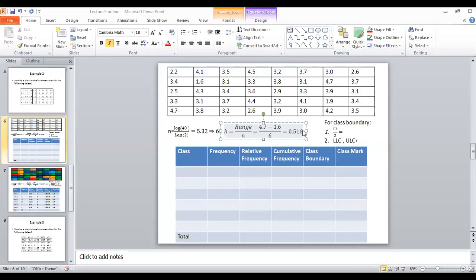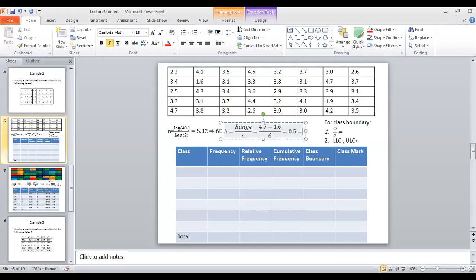Now we have got 0.516, right? And now we have to be careful when working with the class height. Our data set is precise to one place after the decimal. So whatever the answer for class height, we will look only to one place after the decimal. So we will discard every other value after 0.5 and just focus on 0.5.